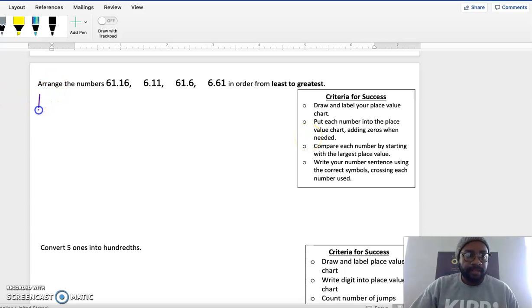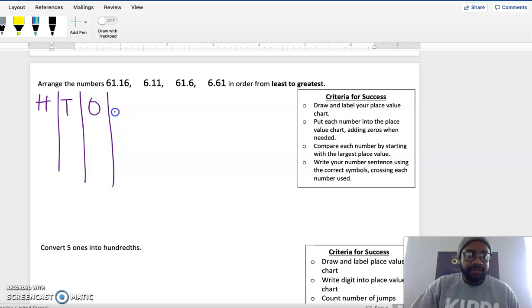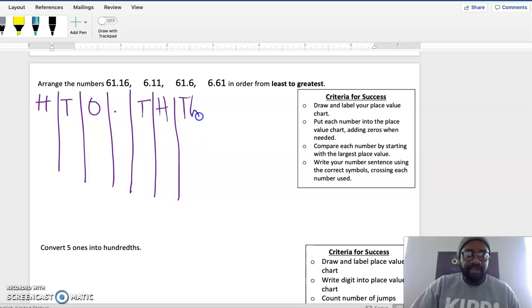So, my hundreds, my tens, my ones, decimal point, my tenths, my hundredths, and my thousands. The next step is to put each number inside of the chart. So this number is 61 and 1600ths.